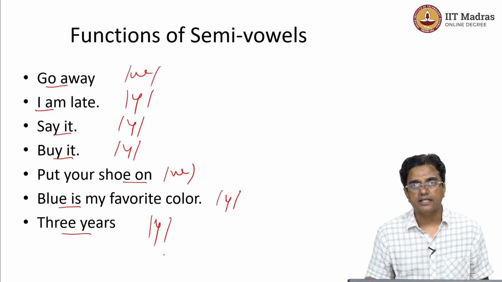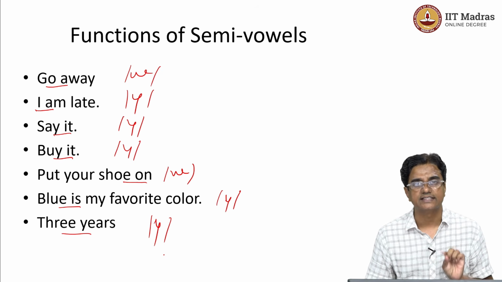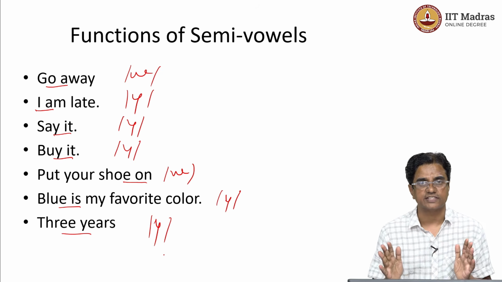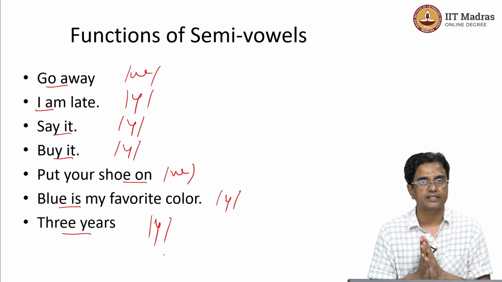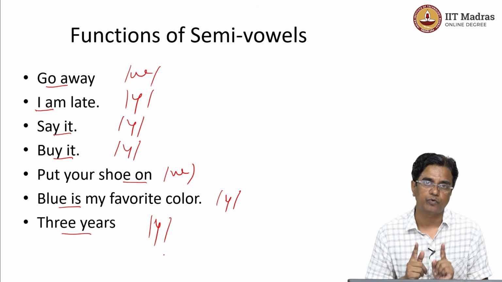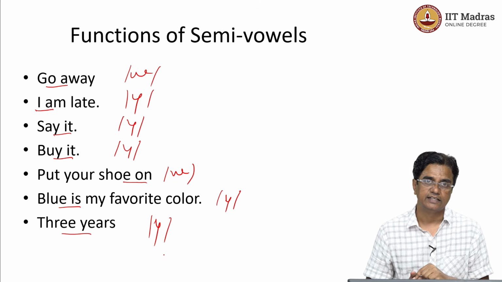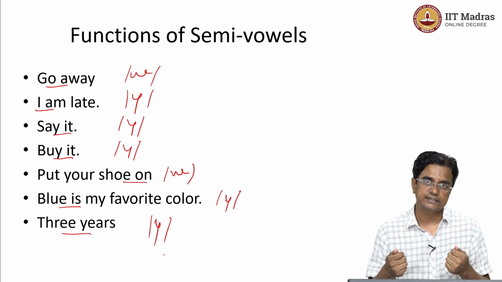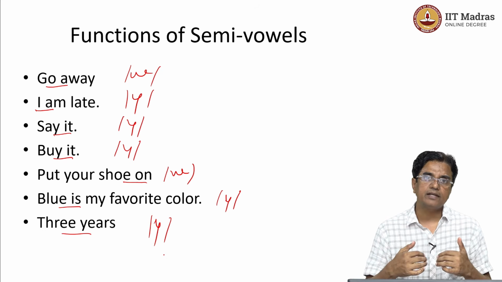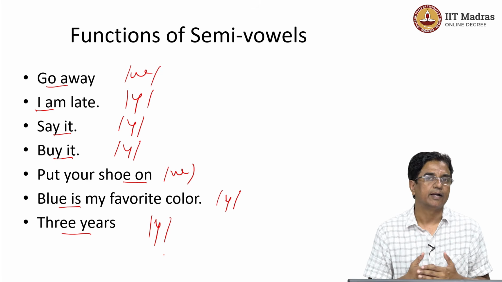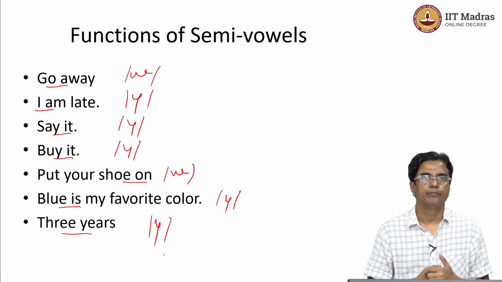So this is a function of a semi-vowel where, in fast speech or normal regular speech, for the transition between two vowel sounds which belong to two different words, we see the appearance of a specific sound, and it is either one of the two semi-vowels, ya and wa.